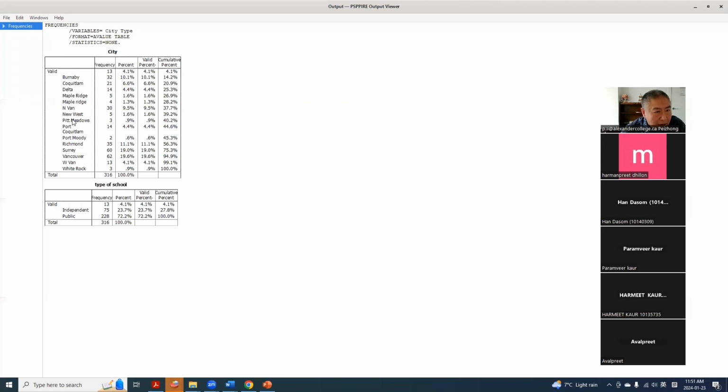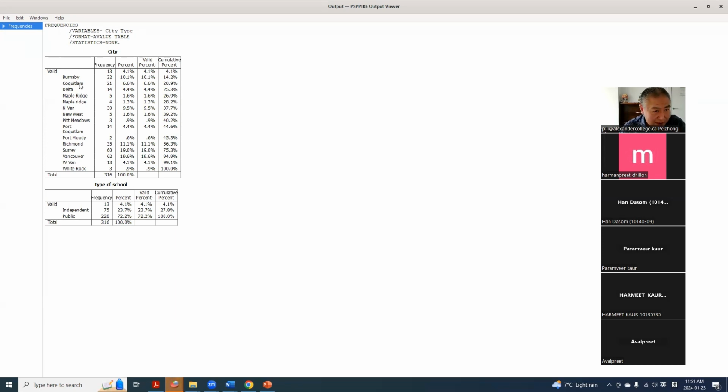So here, different cities. These are the lower mainland cities. A lot of schools in Vancouver are included in the data. I got 62 schools from Vancouver. Surrey, 60 schools. And then Richmond has 35. North Vancouver, 30. Burnaby, 32. And these are the frequencies.